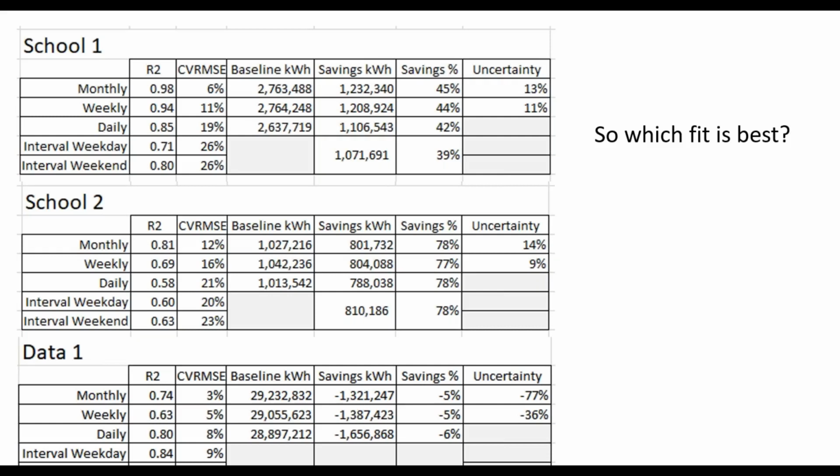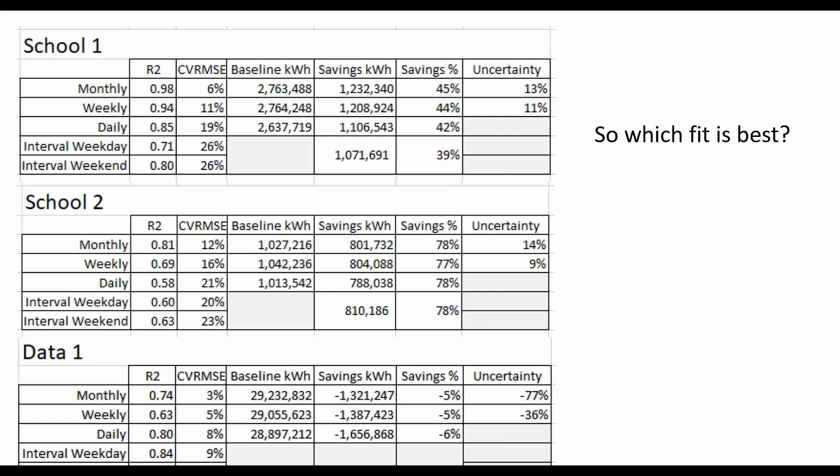So if that's plus or minus 2%, which would be really tight, and you're only projecting 2% savings, then it's not exactly this, but essentially your savings uncertainty is like plus or minus 100%. But if your savings gets bigger and bigger, then your uncertainty in your savings gets better.